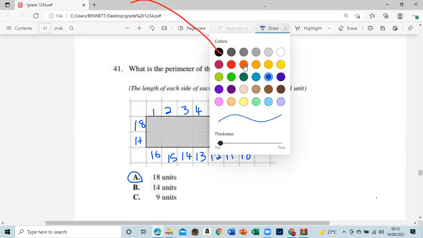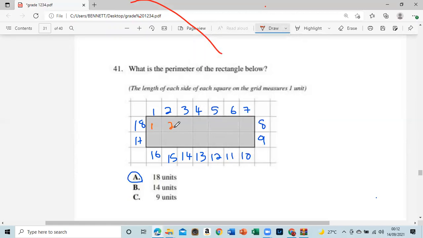Alright, I'm going to put the area one in red. So it's 1, 2, 3, 4. I think they do it that way to trick them with area, right? 7, 8, 9, 10, 11, 12, 13.